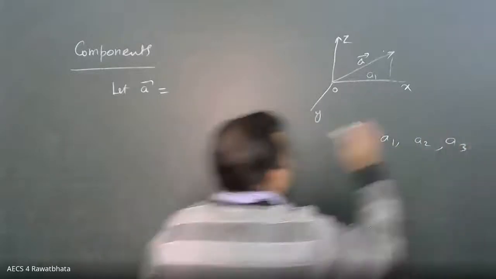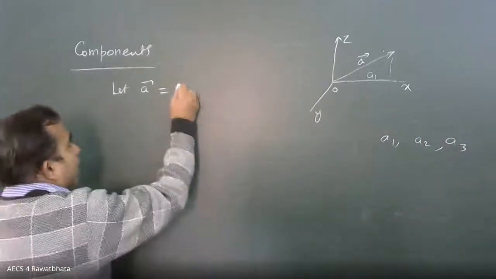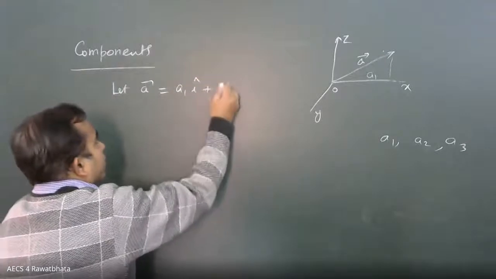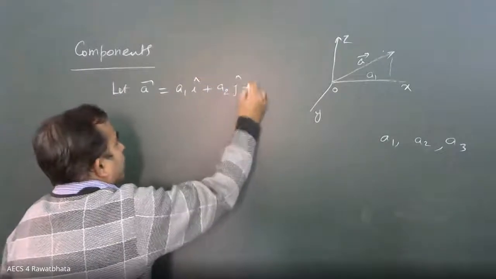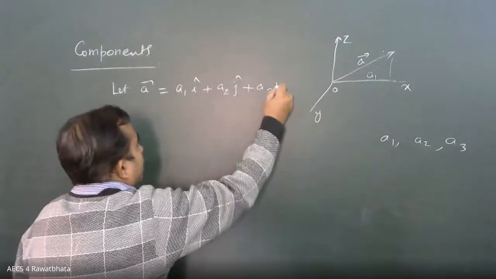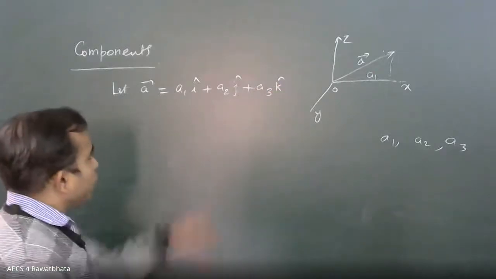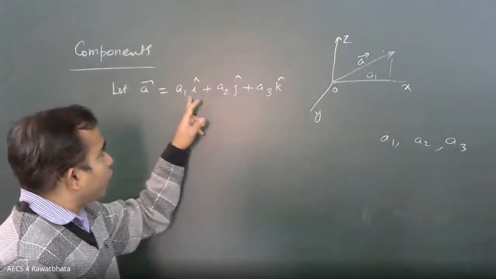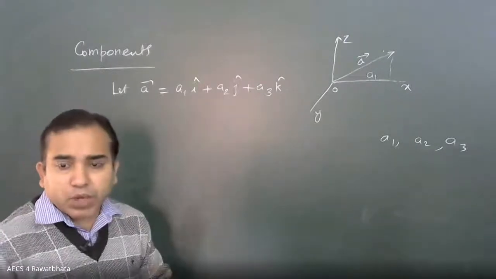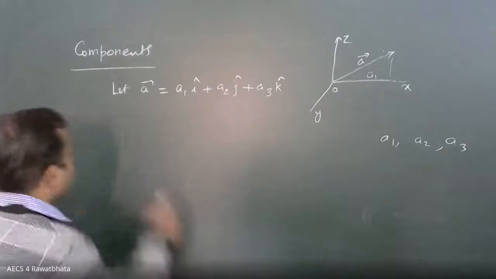Then this vector can be written as A1 i plus A2 j plus A3 k. Right? Of course, you must be aware of the meaning of i cap, j cap, k cap. What are i cap, j cap, k cap, friends?